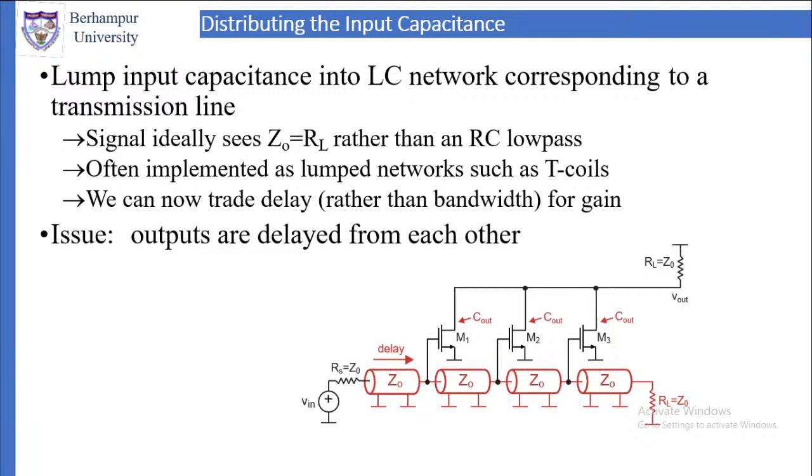An LC circuit introduces delay, so each section of transmission line is introducing delay. We can trade this delay rather than the bandwidth for the gain. The issue is that outputs are delayed from each other. At each section there will be a delayed output. That is the issue, but there are methods of taking care of that. The delayed output can be taken care of.